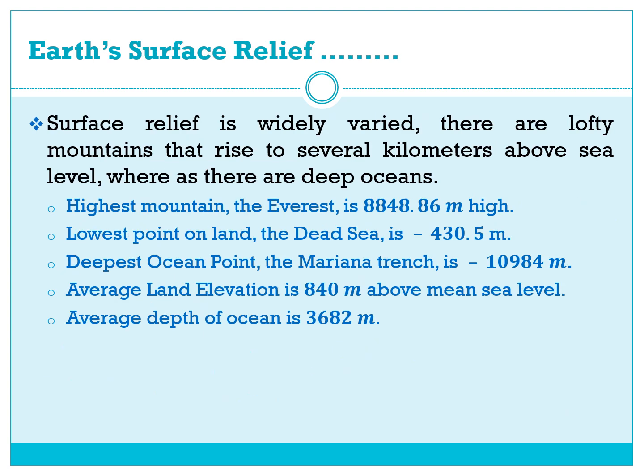Earth's surface relief. The Earth has widely varied topography with towering mountains and deep ocean trenches shaping the planet's surface. The Earth has lofty mountain ranges like Himalayas, home of Mount Everest, the highest point on the land at 8,848.86 meters above mean sea level.